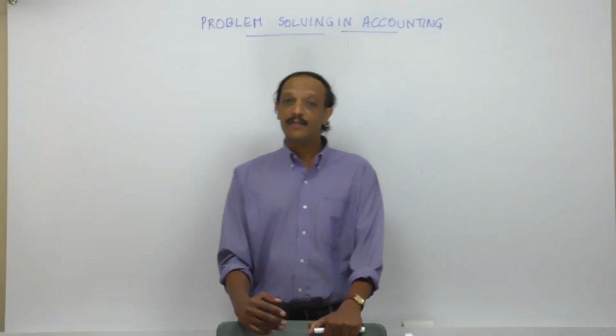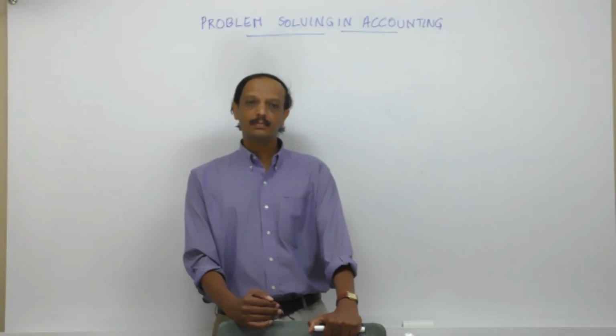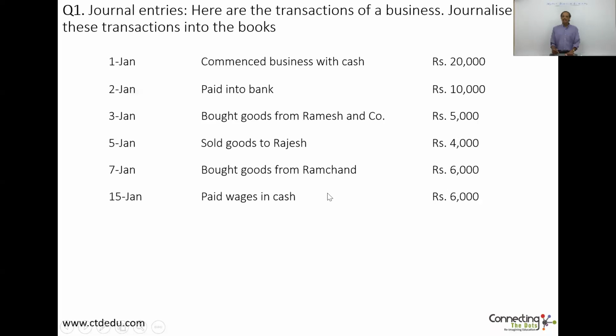Let us look at the first of our problems today. Here, this shows a series of transactions that happens in a company between 1st and 15th of this month, January. This ideally has transactions dealing with cash, purchase with cash, you deposit into bank, you bought goods and credit.